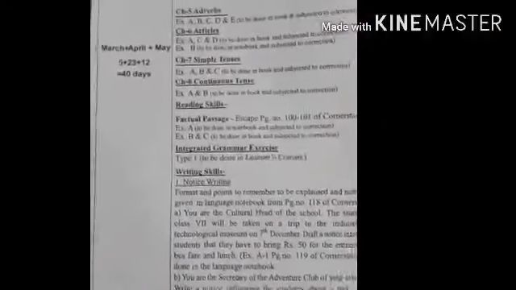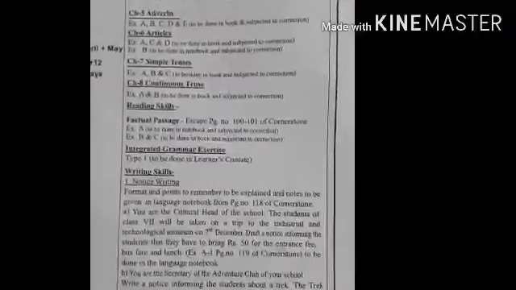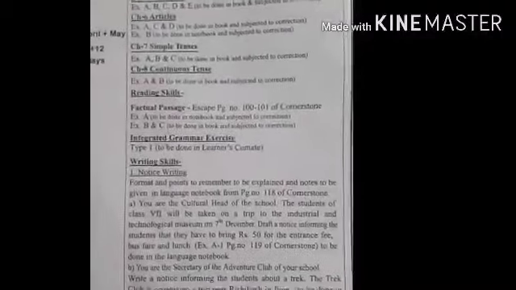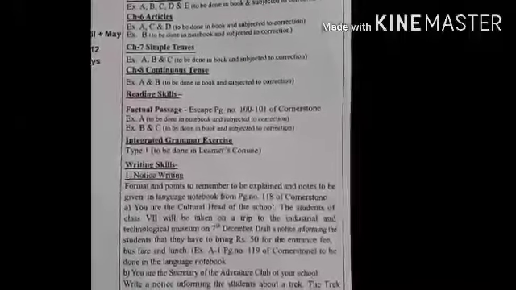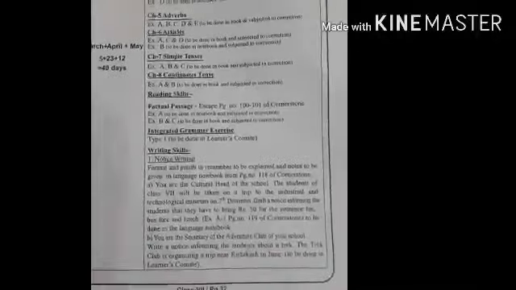Second page, you have to see here. Second page of the syllabus. And third page of the syllabus.